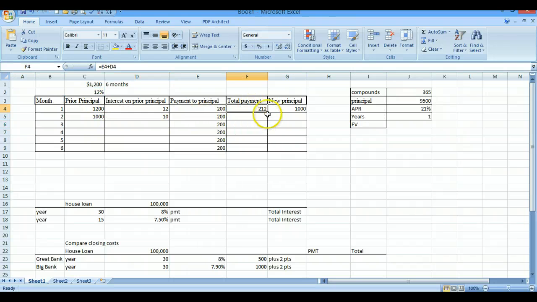The total payment, that was when we added the two cells to the left, so this will just add the two cells to the left. That's good. And the principal will be, again, let's double check that. We didn't do any absolute cell references. This cell minus this cell, which should go ahead and copy down nicely.